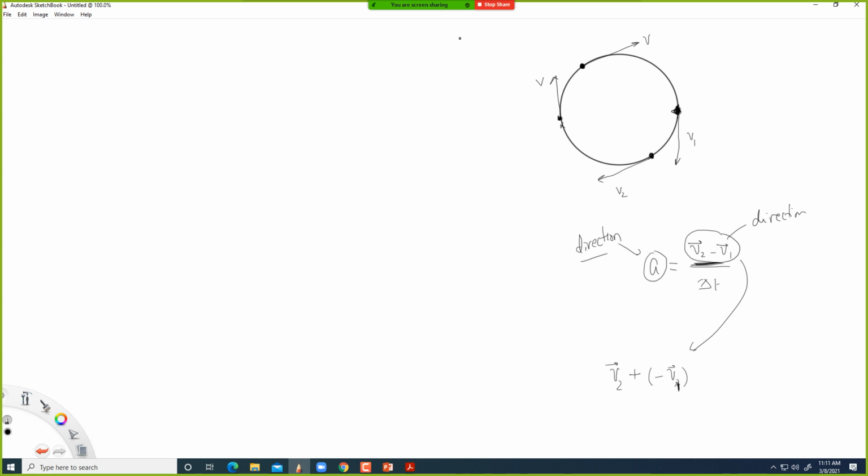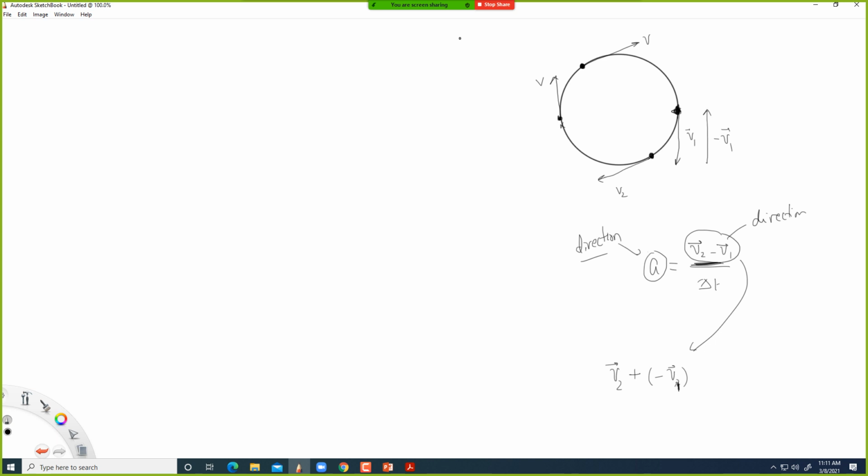So v2 is that. And to add negative v1, negative means I need to flip this. Negative means opposite direction to that. So flip that, and that would be negative v1. And then I want to add this v2 and negative v1.